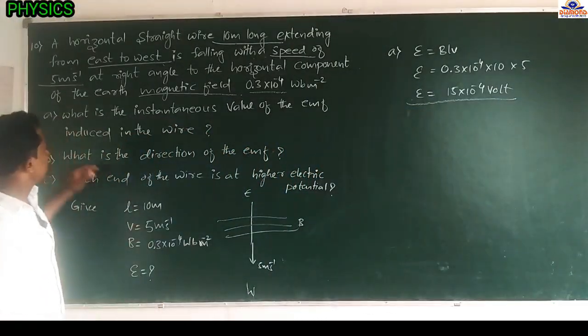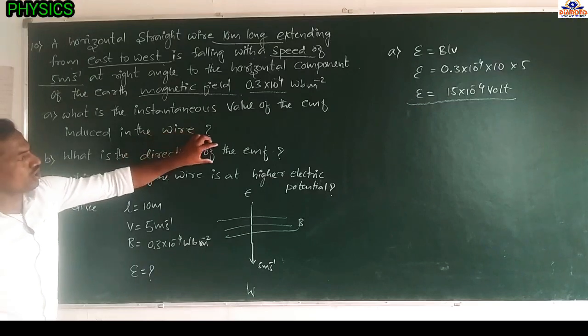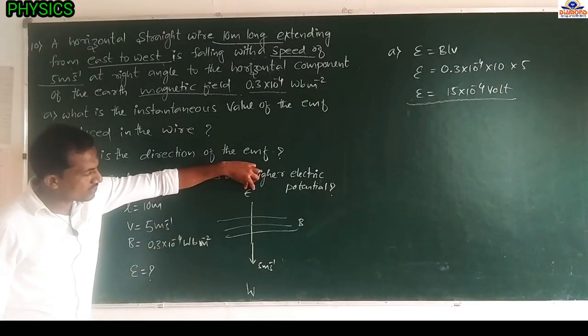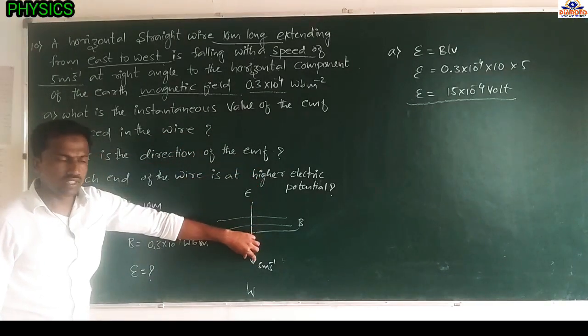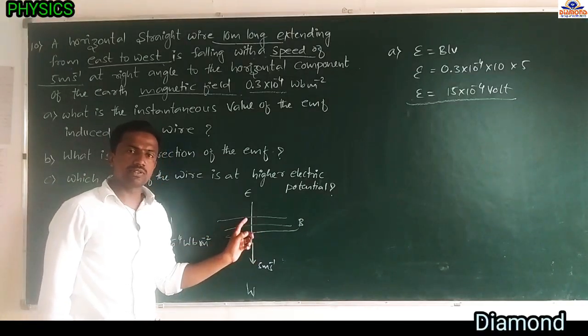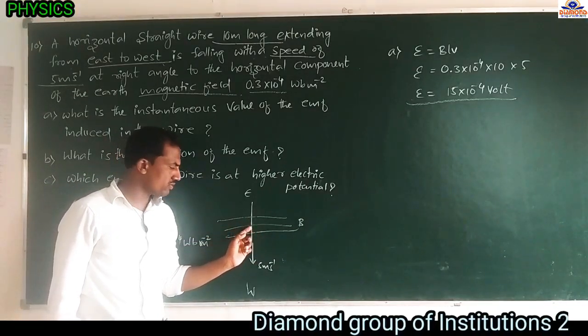Next, what is the direction of EMF when the wire is falling from east to west? The EMF comes toward the west end.